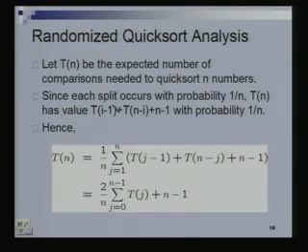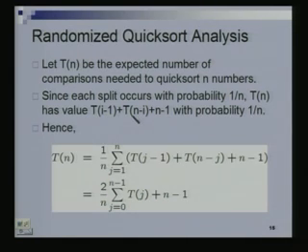Now I have to quicksort those i minus 1 elements and those n minus i elements. How much expected time am I taking to quicksort those i minus 1 elements? T of i minus 1. This is the expected time I take to quicksort these, and T of n minus i is the expected time I take to quicksort the n minus i elements. So I will take this much amount of time in all.